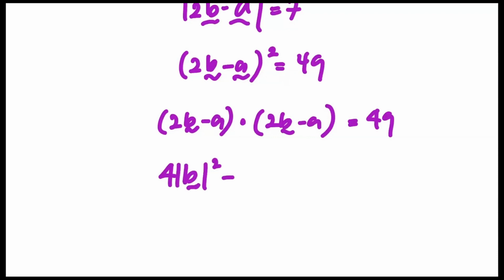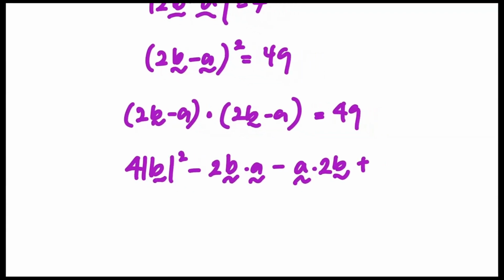Minus 2b dot a, which is what? No, don't need, b dot a can already. Minus a dot 2b, plus minus a dot minus a is what? Mod a squared.